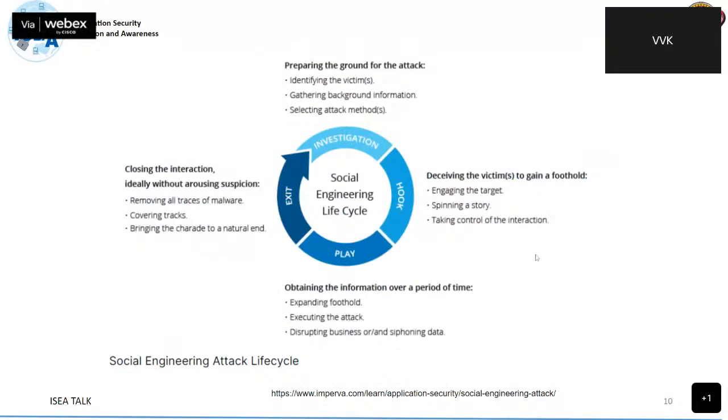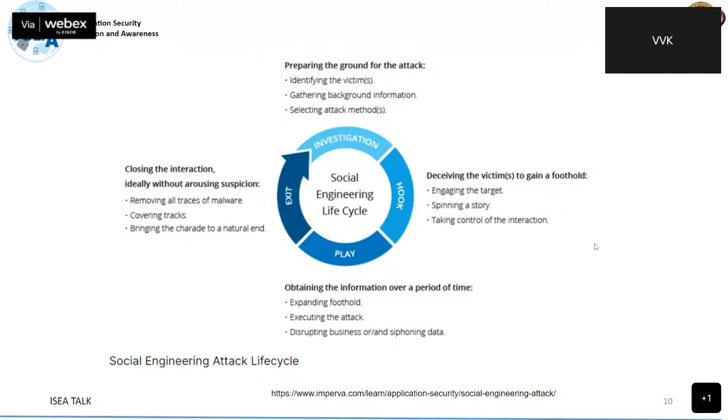So what is done in this social engineering? Initially, in the investigation phase, people prepare the ground for the attack. They identify the victims, gather background information, and plan which attack method to use on which organization or individual.